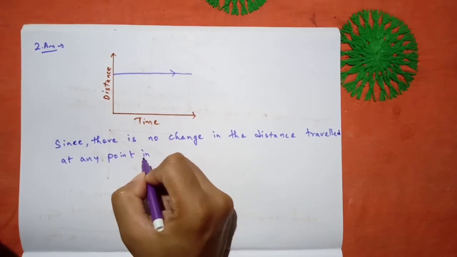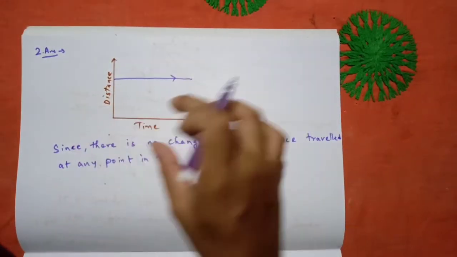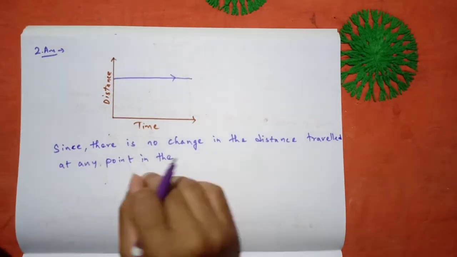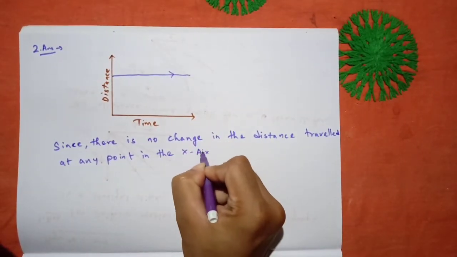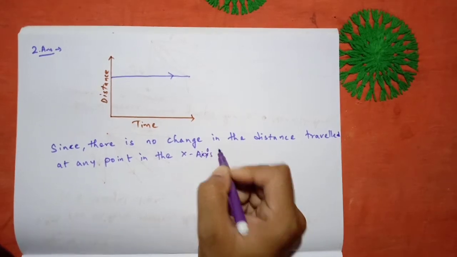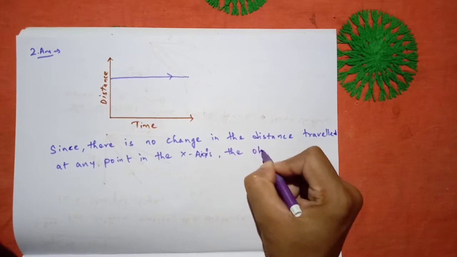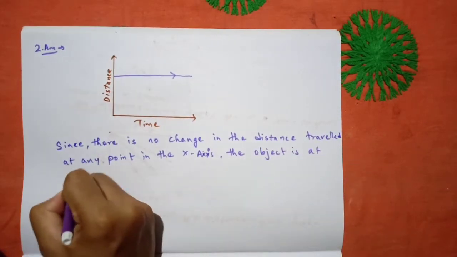In the x-axis, this is the y-axis. Since there is no change in the distance traveled in the y-axis at any point in the x-axis, the object is at rest.